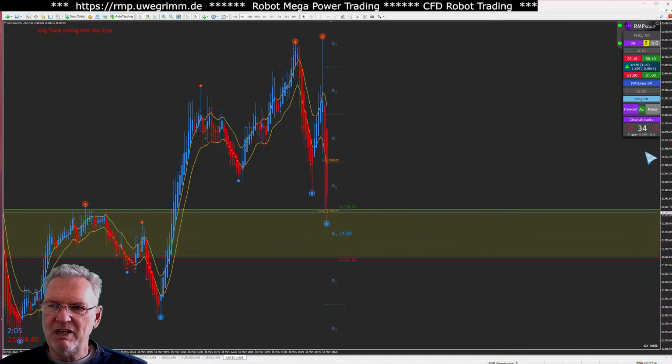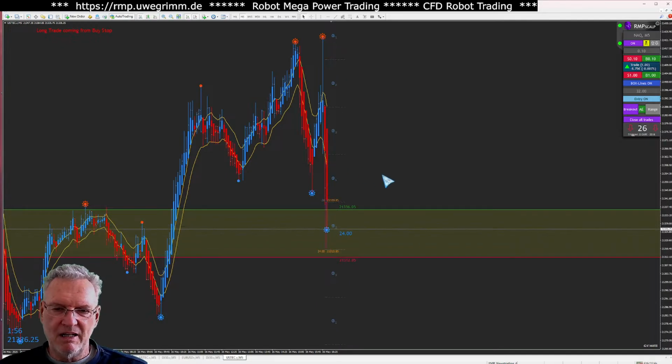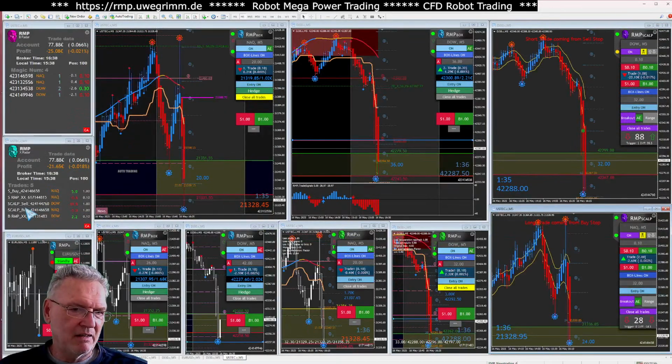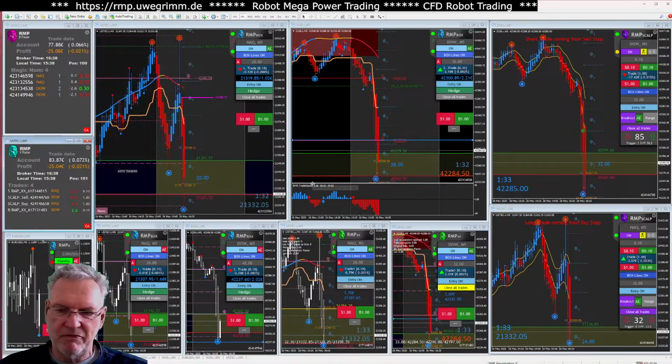When this is not working well anymore, then we have to find another place. For sure, you can always center the grid when you click on it. So there was another thing going into the win. Okay, we are here in the loss. Now we have a breakthrough and we try to get it out to open another long position. So that's the idea behind that. So we can close it.